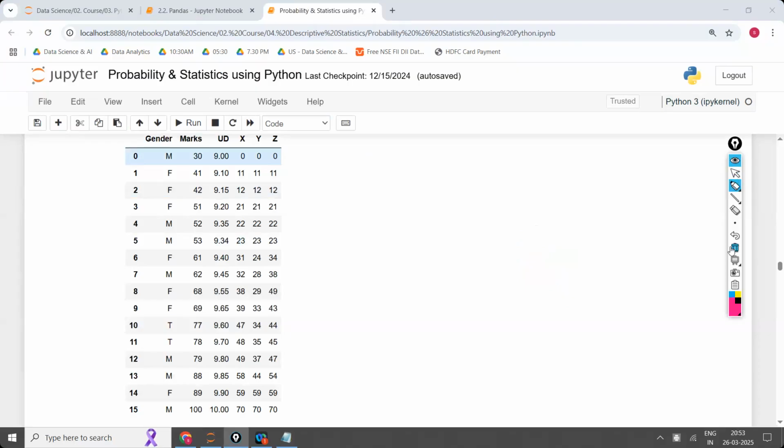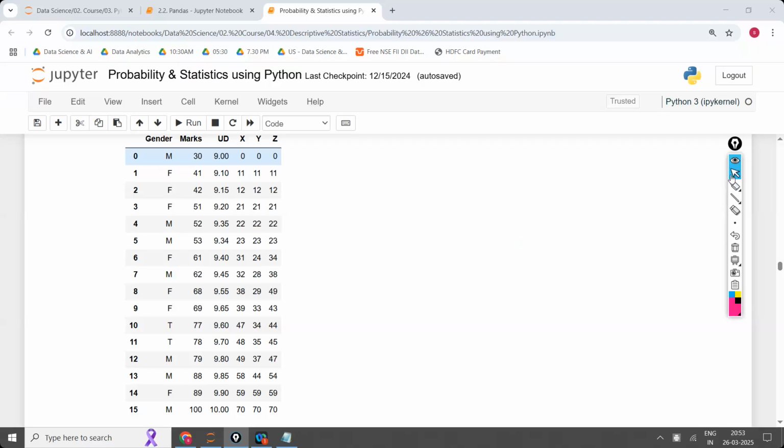Right? Now, again, everyone draw the frequency table for the marks by considering the interval size of 10.